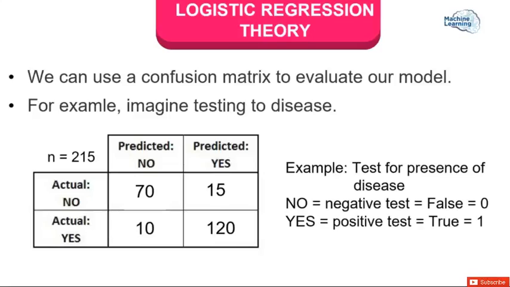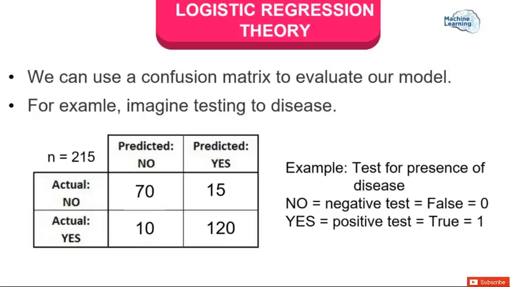Now, what can we learn from this matrix? Well, just straight off the bat, there are 2 possible predicted classes, right? Yes and no. If we were predicting the presence of a disease, for example, yes would mean that they have the disease. No would mean that the patient wouldn't have the disease.